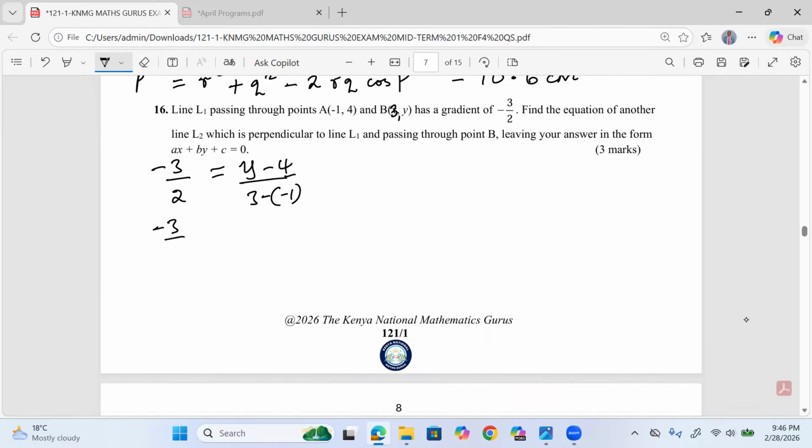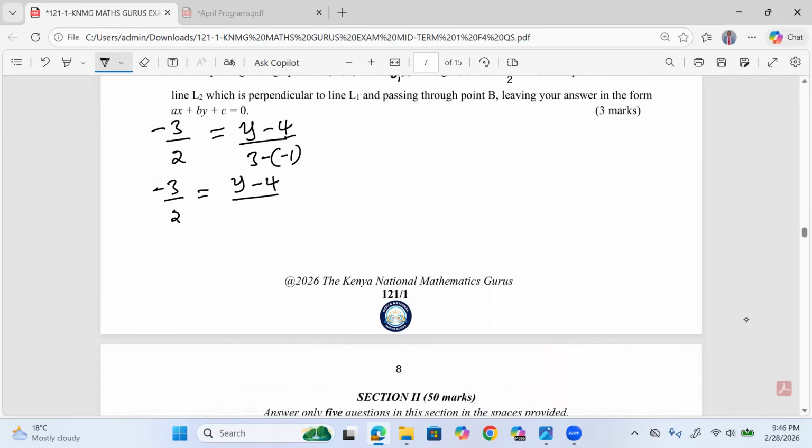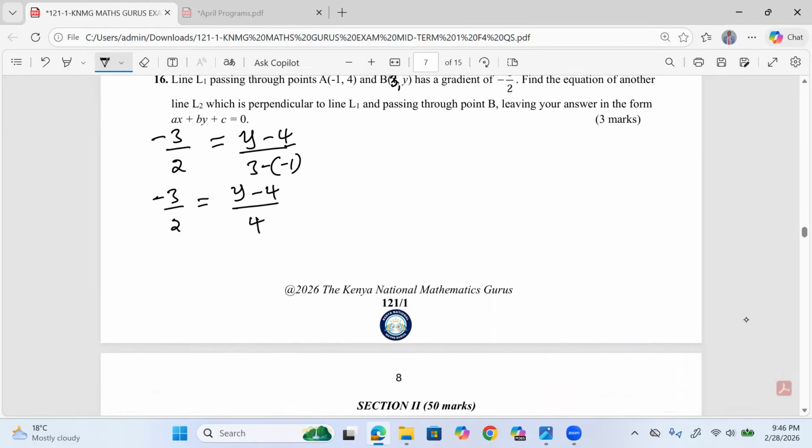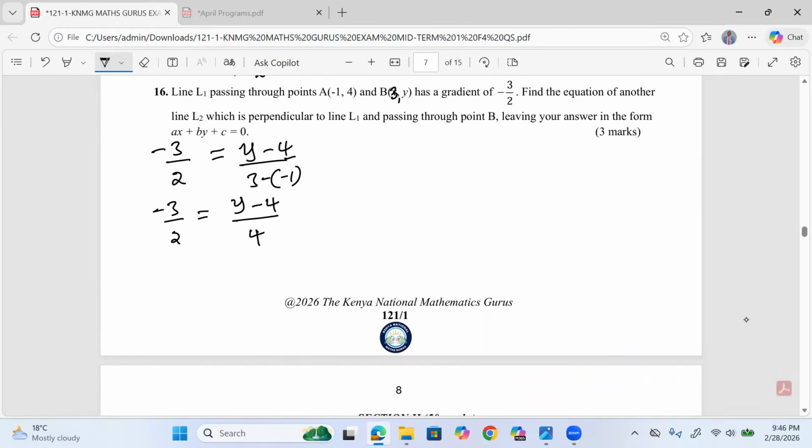So negative 3 over 2 equals y minus 4 over 3 minus negative 1, 3 plus 1, making it 4. We are interested in the value of y.